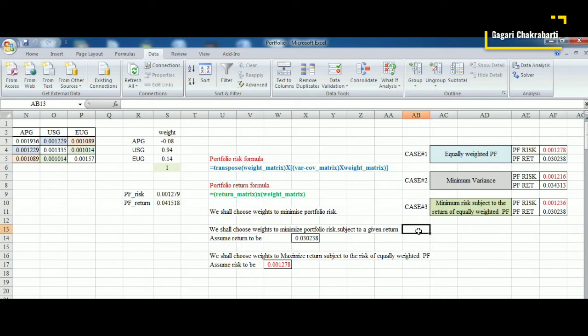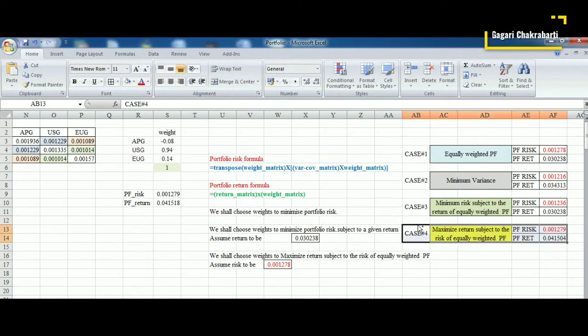So the portfolio risk and the portfolio returns will be saved as case 4. So now we have all these 4 cases with different risks and different returns for the portfolios.